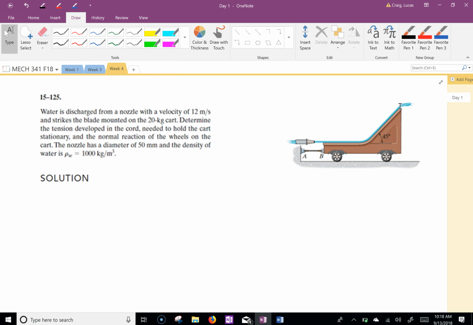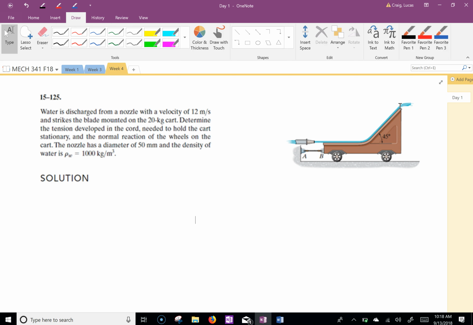So how do we go about doing this? If I told you that somehow that cart was accelerating with thrust, but we wanted to figure out the tension, we would do a free body diagram on what?